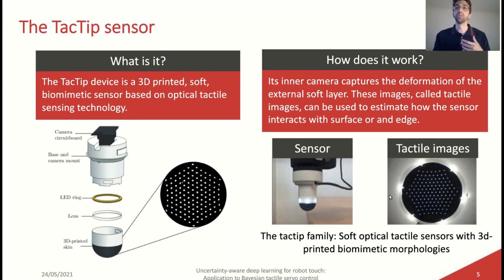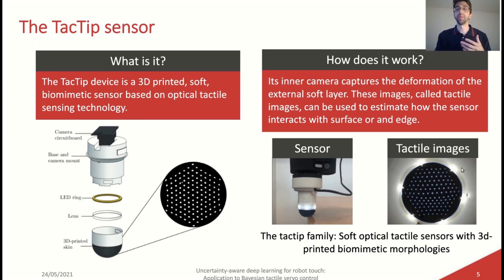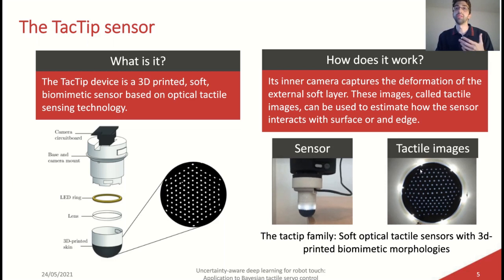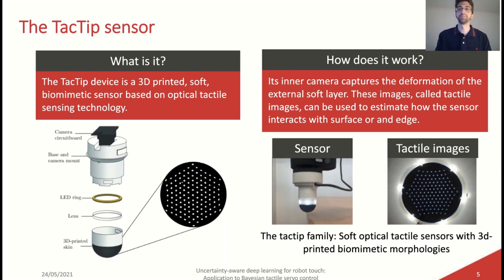So if you use, for example, an inner camera and some deep learning algorithms, it is possible to infer how the sensor interacts with a surface or an edge only from the tactile images.